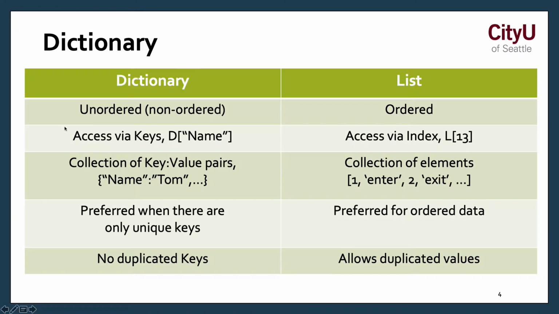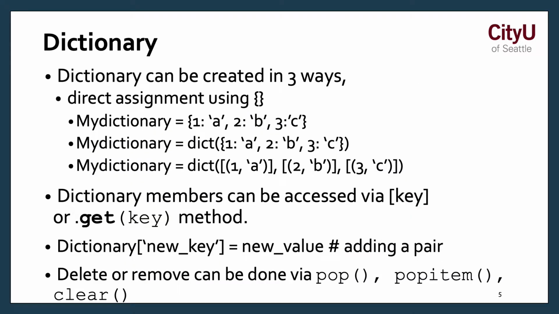Here is a good summary of the dictionary versus the list. These are the ways that you can initialize through direct assignment. And because a dictionary also has members or methods, they have a dot get.